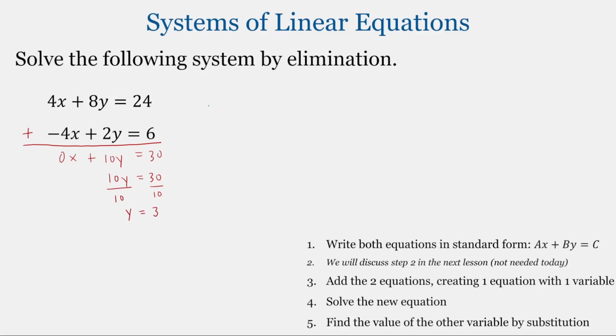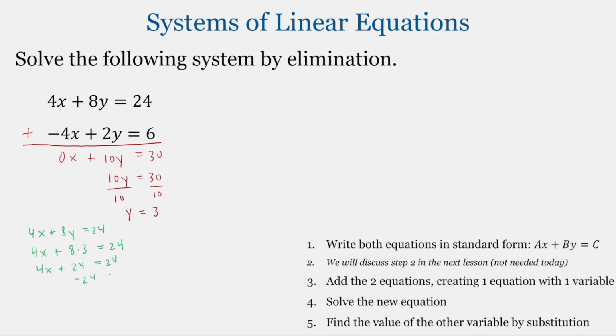Then we're going to plug this y value back into either of those equations. I'm going to pick the first equation again: 4x + 8y = 24. Wherever there is a y, we'll replace it with a 3. So we have 8 times 3, so 4x + 24 = 24.